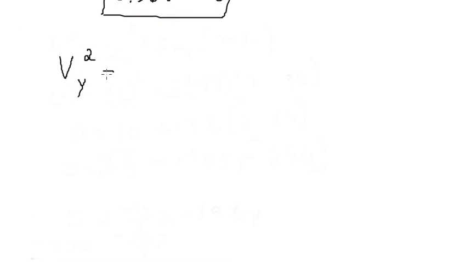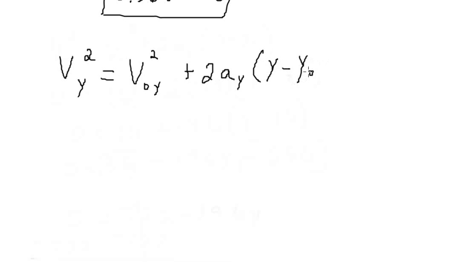So V final squared is equal to V initial squared plus 2A times the final distance in the y direction minus the initial distance in the y direction.